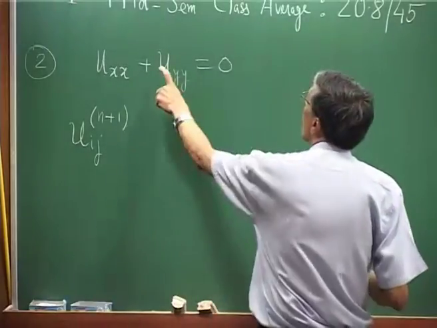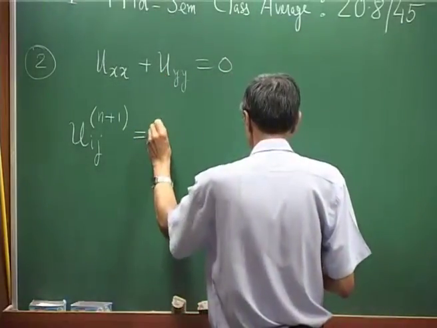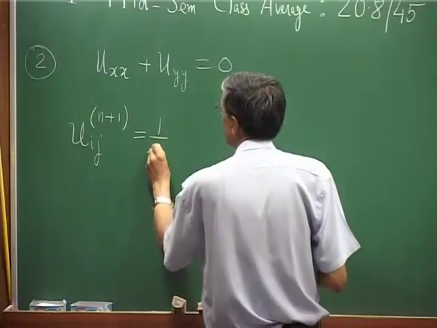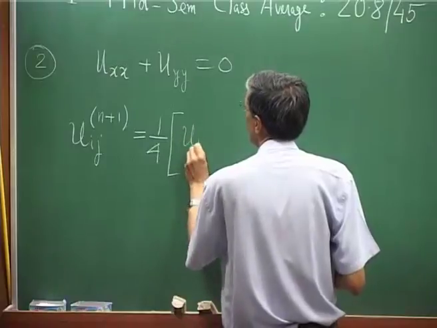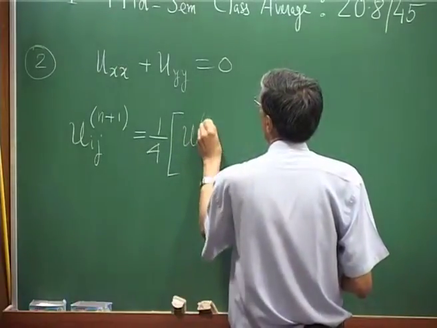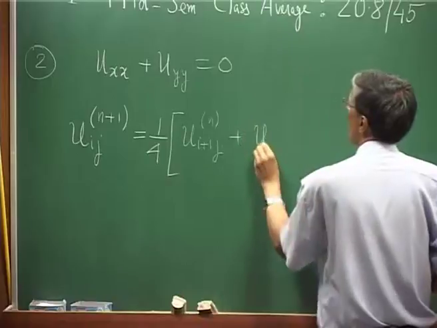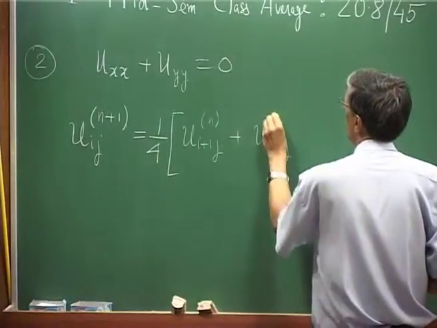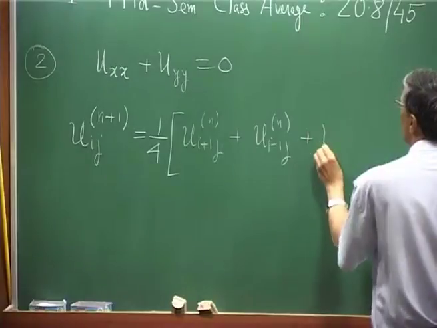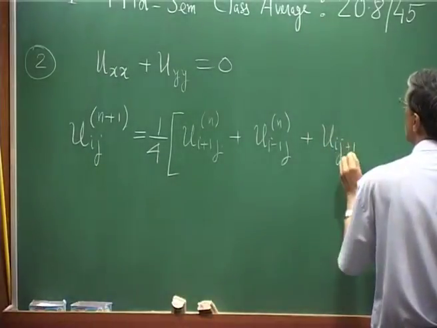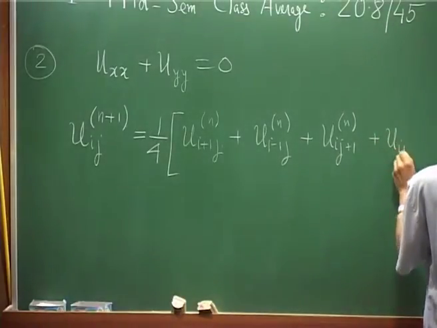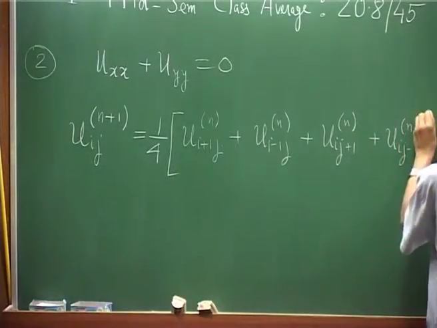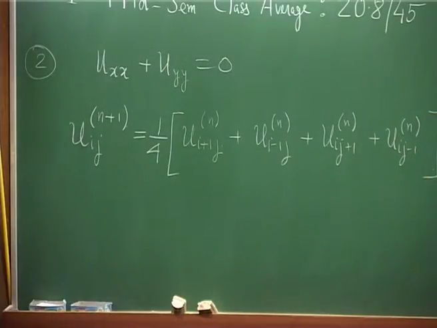So, we said that solving this Laplace's equation by this method, which is called the Jacobi-Richardson method, we solve it iteratively. So, what you do? It is rather simple.